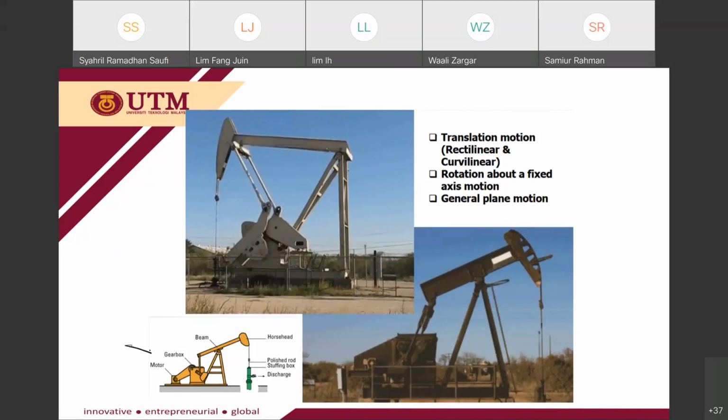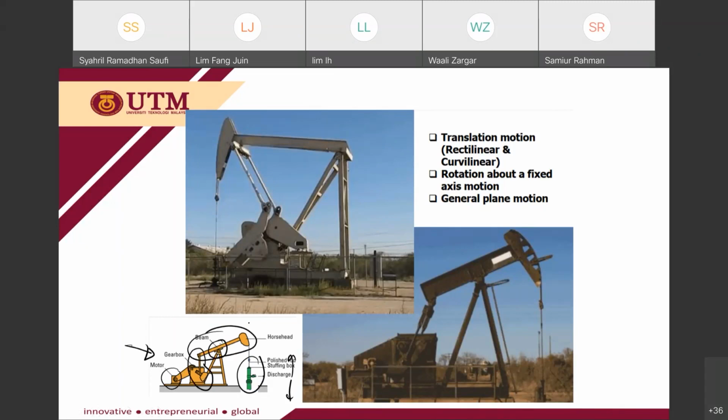If you look at this schematic diagram, you may notice that this part will move up and down, and on this part, there is a rotation occurring at this center of rotation. At this part here, you will notice there is a rotation by the arm, and from the motors as well. So it's a combination of motion in the system.